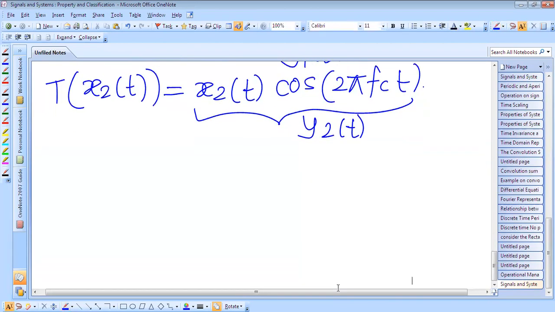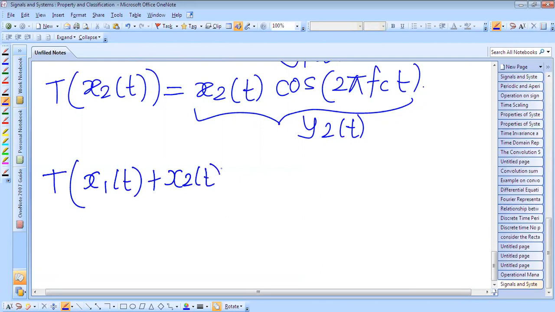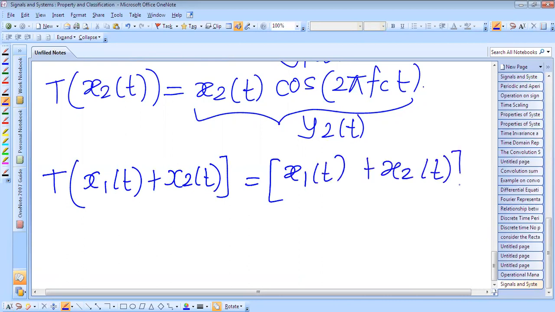These are the two outputs, and the additivity property can be checked by adding these two inputs. So we can add x1 of t plus x2 of t into cos of 2 pi fc t.